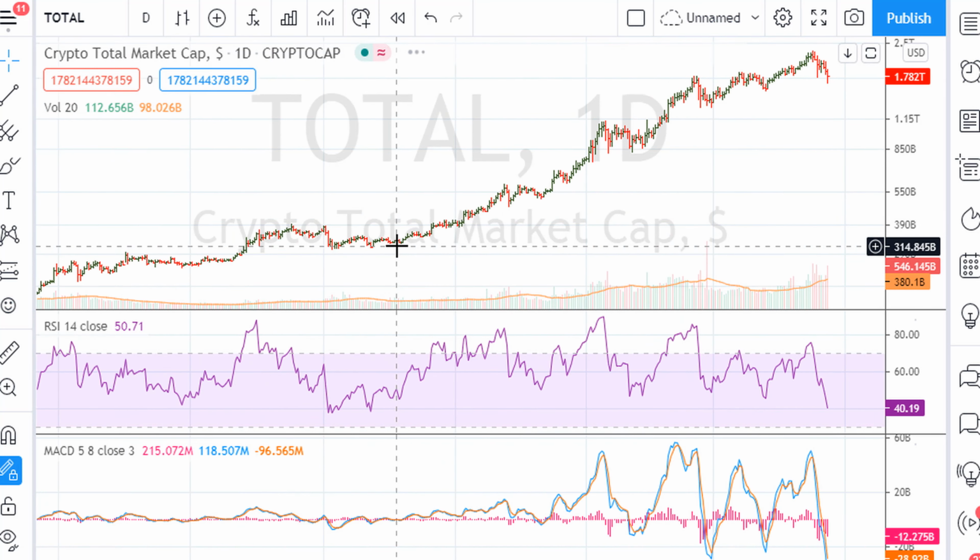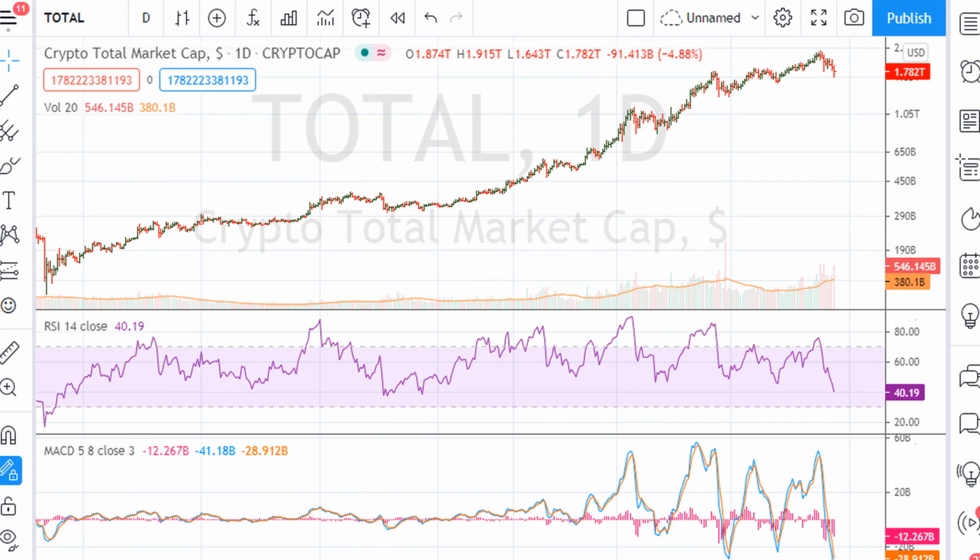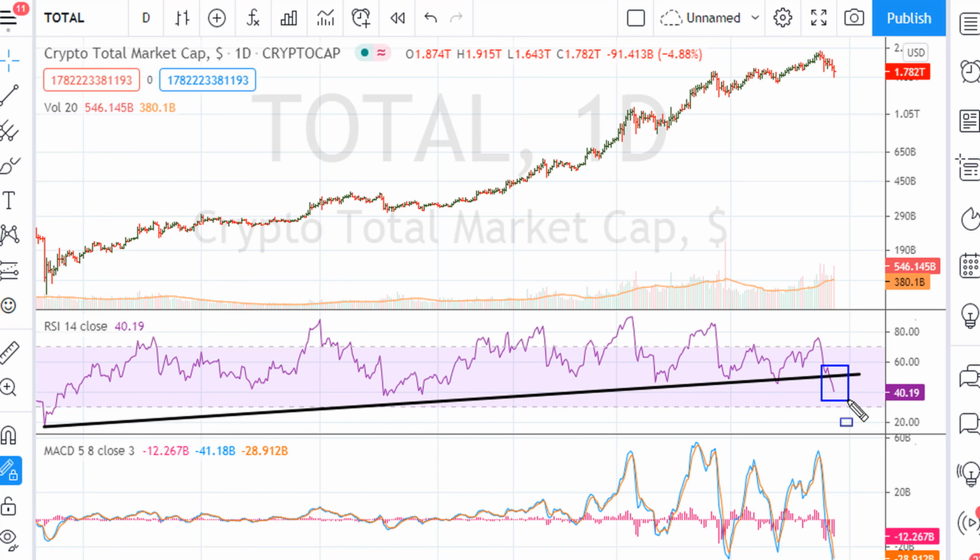Now, on the daily, just like we've seen with Bitcoin, I can argue that there's already been a sell signal for the entire space based on the daily RSI line. This line has already been broken over the last 2 days. So that's a sell signal. It means the probability for lower prices are now on the table.